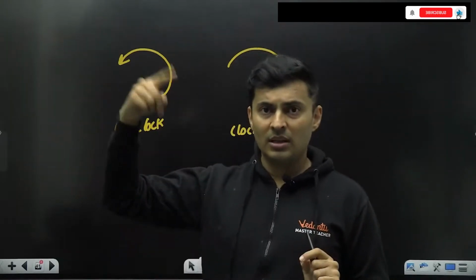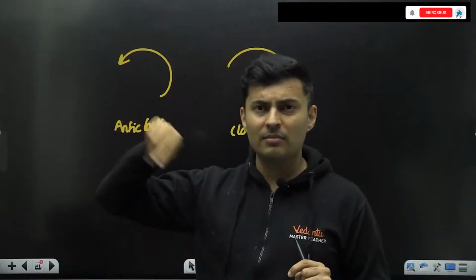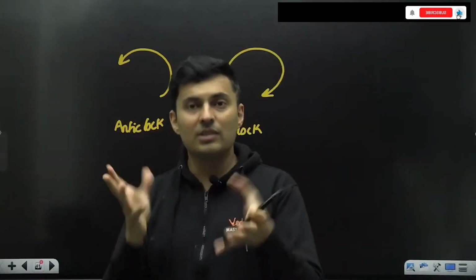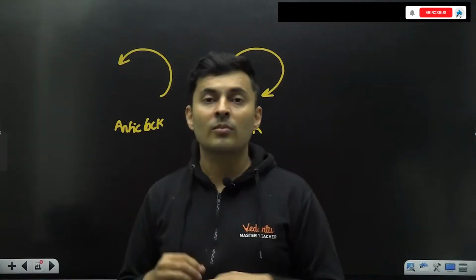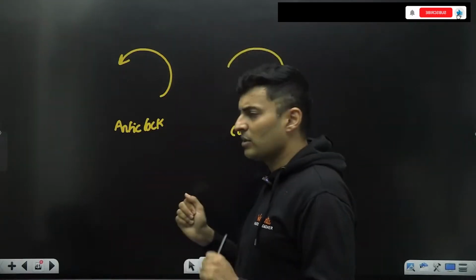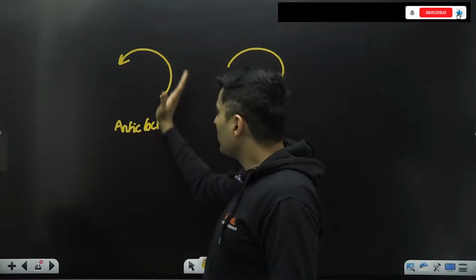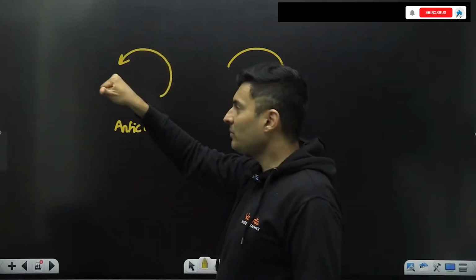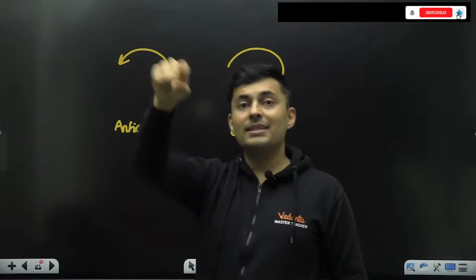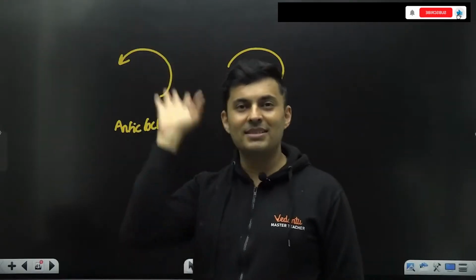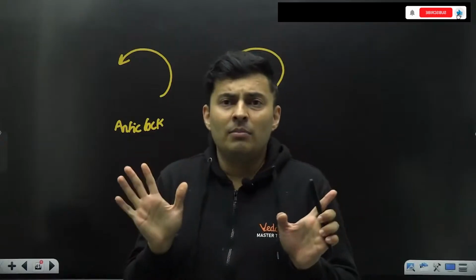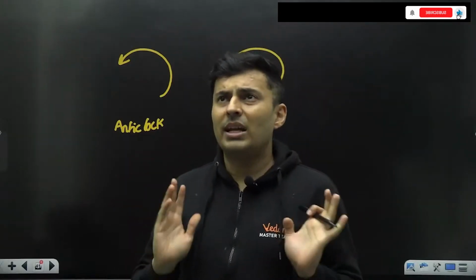First thing, many rotational things are curved, so we cannot have curved vectors. Second thing, anti-clock, clock, and the sense of happening is not so clear. So we said that if you take the fingers of your right hand and you curl it along that direction, automatically the thumb will come here. Oh, so that thumb is that vector. So say for example, I tell you, place your thumb in i cap plus j cap.